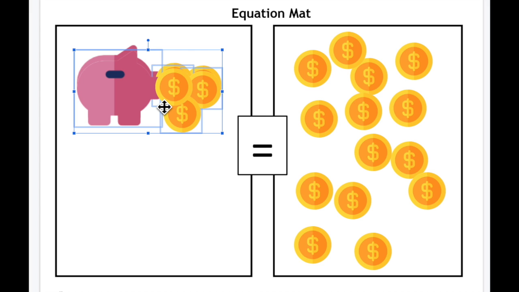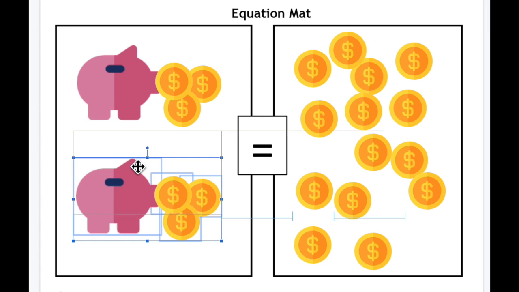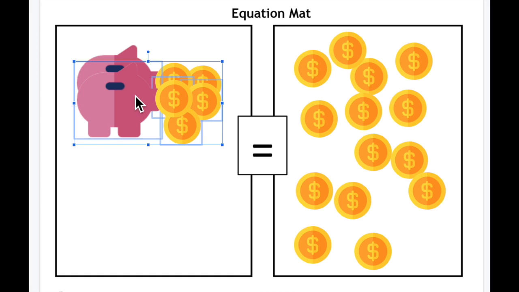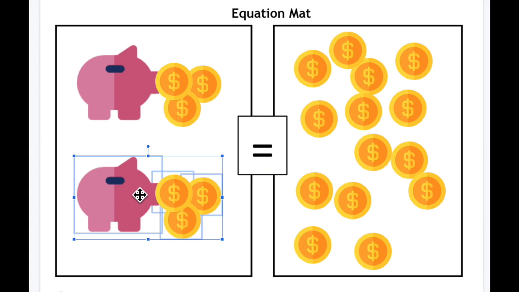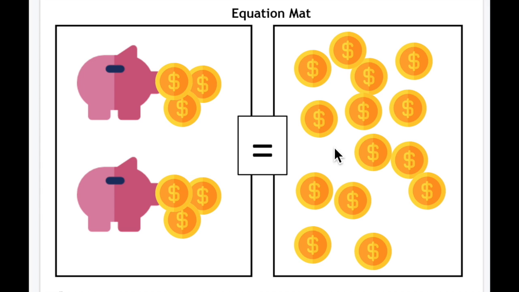Since these are exactly the same and I have 2 of these groups, what I'm going to do is divide this into 2 sections. And so that means I'm also going to divide this into 2 sections.